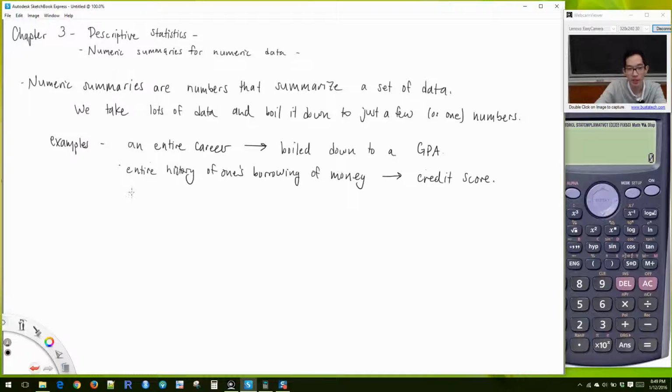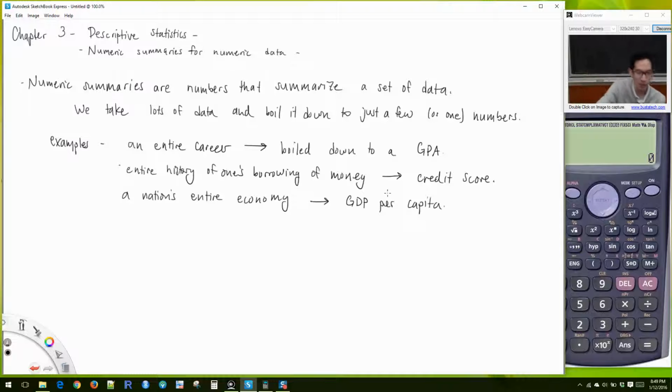Okay, or a nation's entire economy. Okay, and we might argue whether or not these are good or bad ways to summarize something, but we do this, okay?